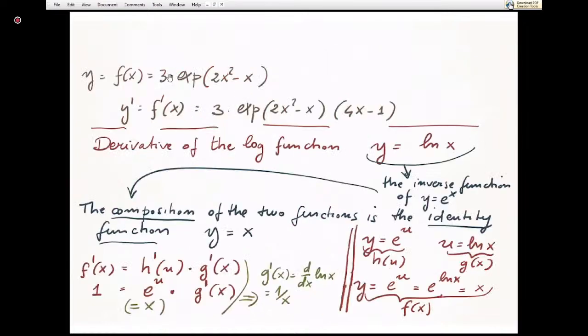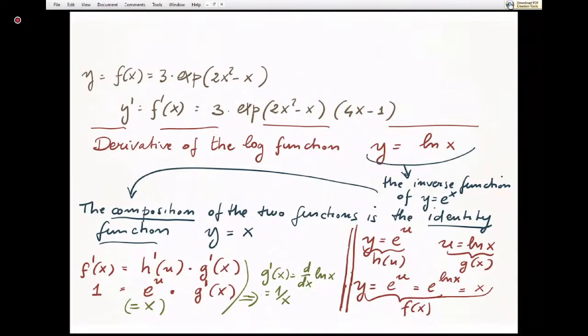Why? Because I can regard the log of x as the inverse function of y equal to exponential of x. Okay? What is the meaning of inverse function? The definition, if I have a function of one variable, I can define the inverse function, and the inverse function of a function has this property.